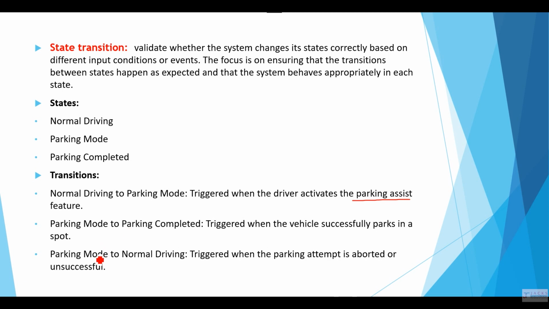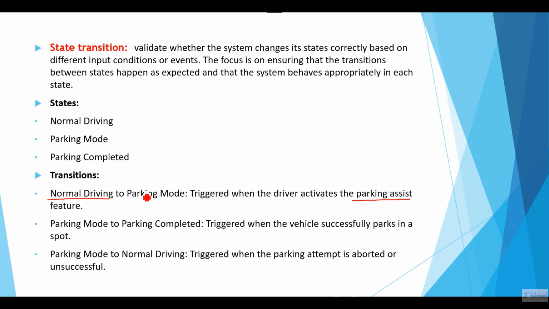Now the third one, parking mode to normal driving mode. It is triggered when the parking attempt is aborted or unsuccessful. Let's assume you are in normal driving mode and you activated the parking assist feature, so your vehicle state changed from normal driving to parking mode.